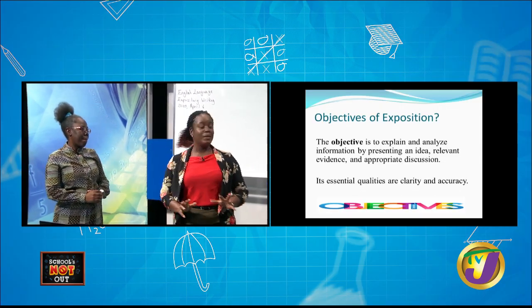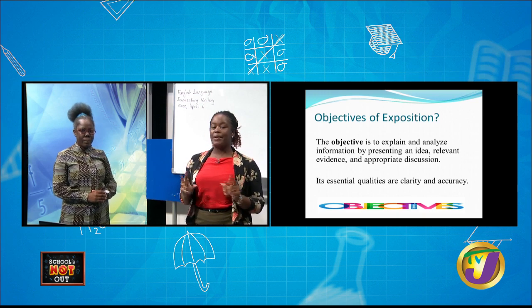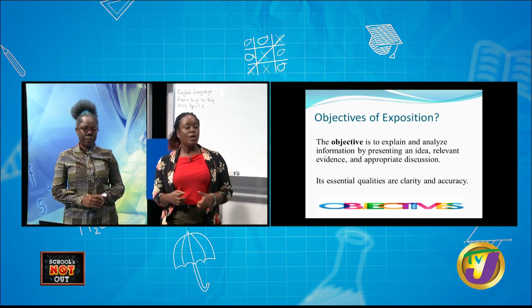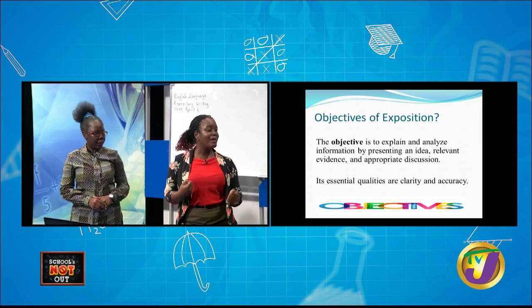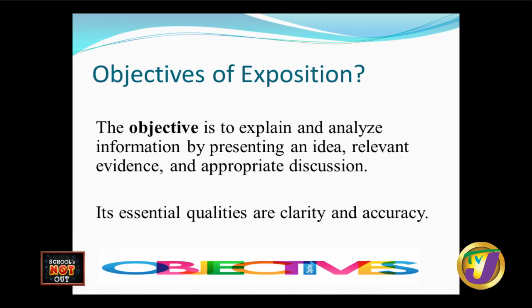Yes, and it should be clear. We talk about clarity. When you write, you do not want people trying long and hard to figure out what it is you're trying to say. Straight to the point. It should be clear, the information should be accurate, get to the point. Don't bother to beat around the bush.